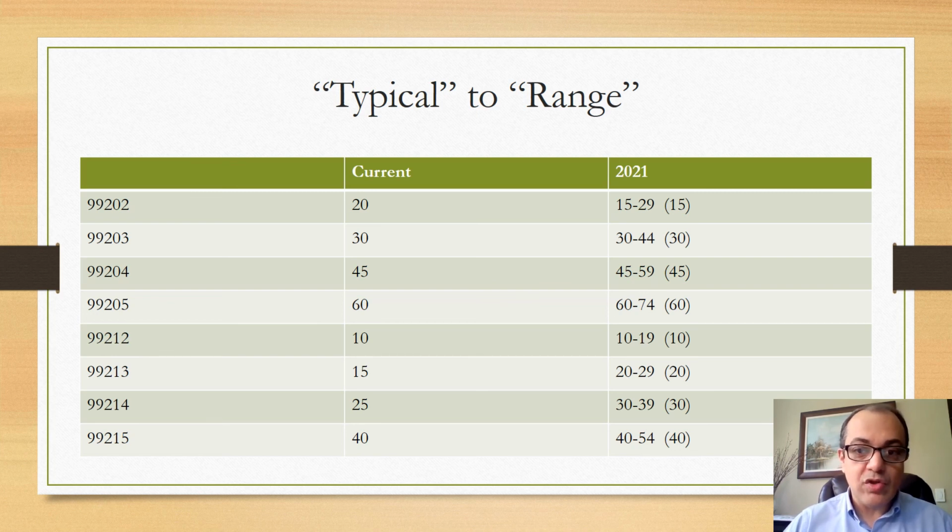For simplification, I put it at 15 and going up by 15-minute increments for the new patient visits. And for simplification as well, I started at 10 for the level 2 established visit, going up by 10 minutes for each level above that. I hope this is clear.